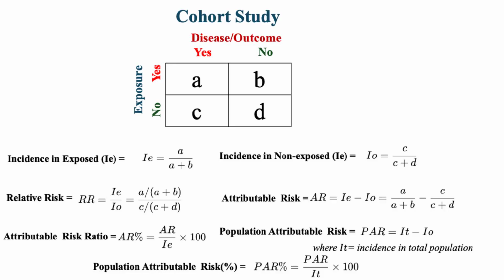Attributable risk percent, AR percent, shows the percentage of disease among the exposed that is actually due to the exposure, calculated as AR over Ie times 100. Finally, population attributable risk, PAR, looks at the overall population by subtracting Io from the total incidence, while PAR percent expresses this as a percentage of the total risk.